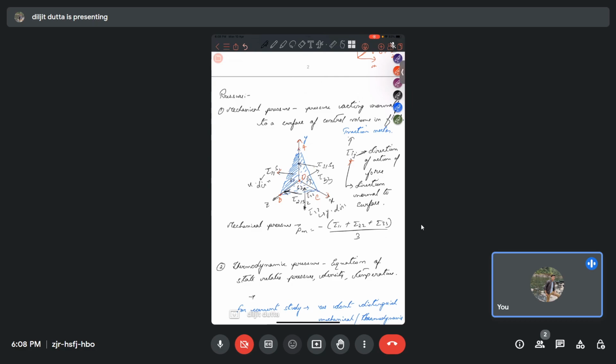The mechanical pressure is defined as the average of these three traction vectors, that is tau 11 plus tau 22 plus tau 33 by 3, and we take the negation. Why do we take the negation?